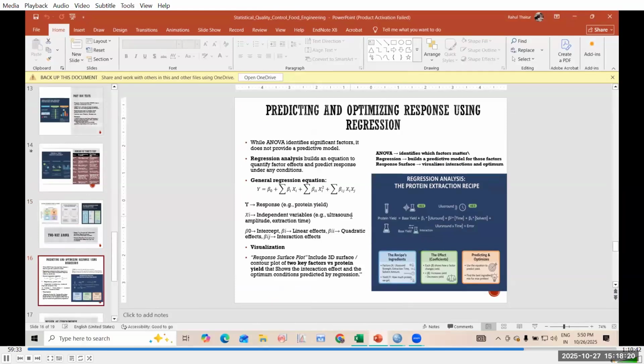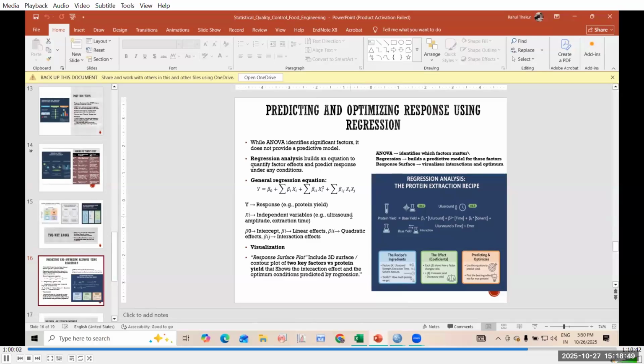We have seen in SPSS that more than one factor can be compared statistically by two-way ANOVA, but with one variable. Suppose we have multiple variables, like instead of protein yield, we choose protein extraction yield, recovery yield, and efficiency; all these will be dependent variables.